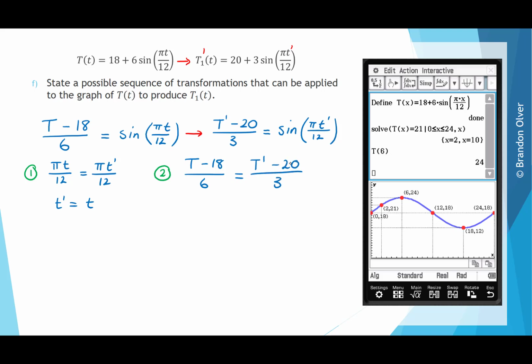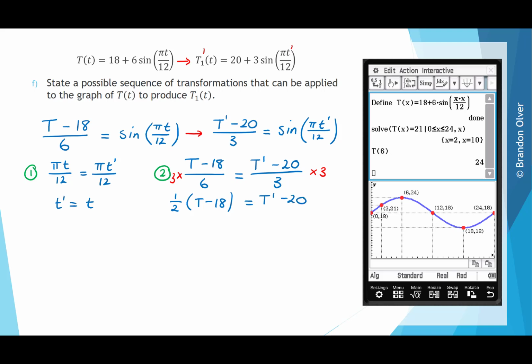And now what we want to do in this is solve for the T dash term so we can see what happens to create the transformation. So we're going to start by multiplying both sides of this equation by 3. And when we multiply by 3 and divide by 6, that's just going to give us 1/2 times T minus 18 is equal to T dash minus 20.